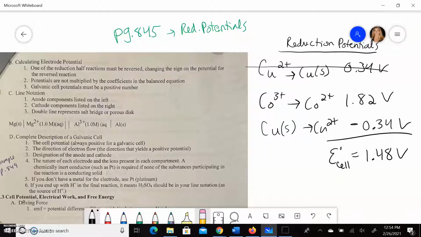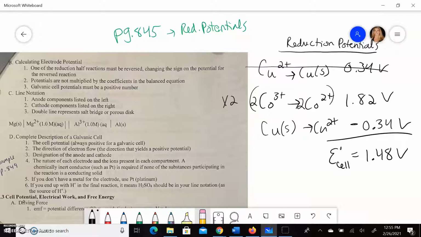Now you still do need to balance the electrons and balance the reactions. Notice that cobalt is gaining 1 electron to go from 3 to 2, and copper is donating 2. And so we are going to have to multiply this reaction by 2. So we're going to have a 2 here and a 2 here so that the electrons will cancel out. However, here's the catch. Pay attention. Do not multiply 1.82 by 2. This is not like Hess's law.